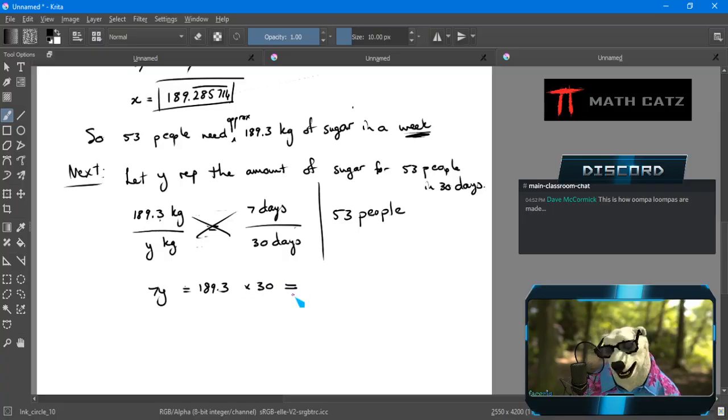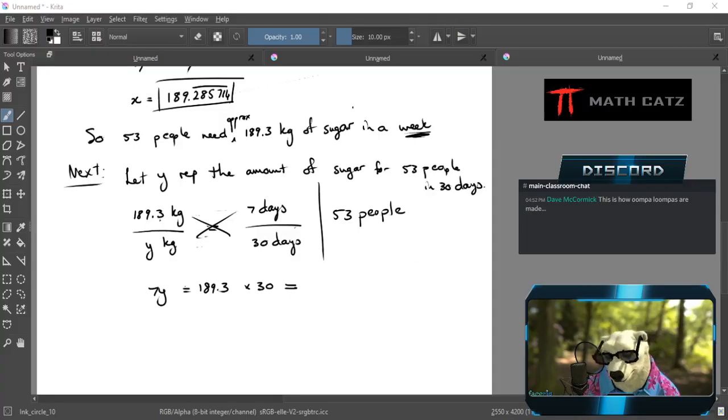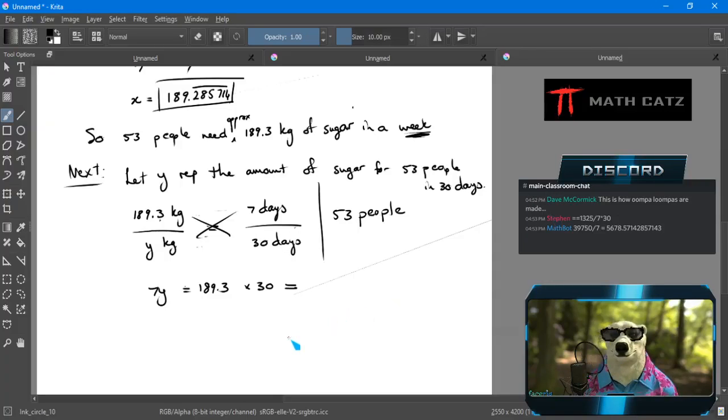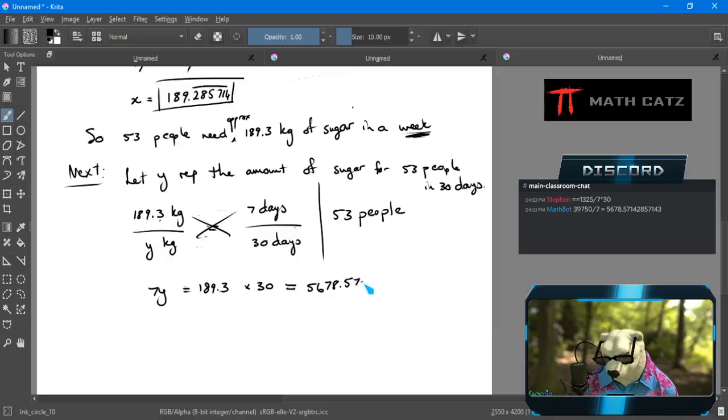Now I don't need to go crazy, but I can actually use my original calculation instead of the decimal and say 1325 divided by 7 times 30. 1325 divided by 7 times 30 equals, then the decimals are all done for me. And now I know precisely it's 5678.571428, blah, blah, blah.